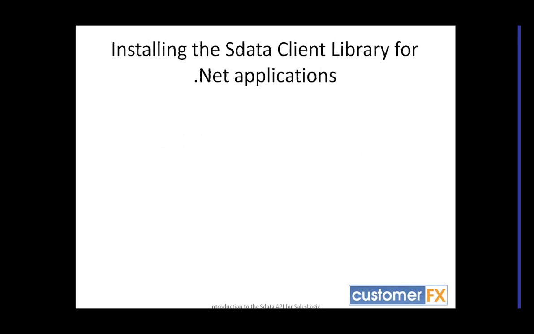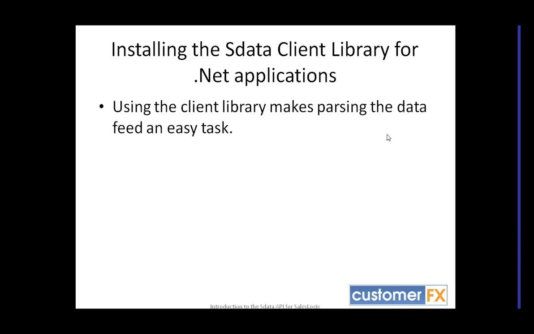Okay, so once you have a given entity set up, or if you're using one of the default entities that are already set up, in order to be able to use this externally within a .NET application, there are a couple of things we'll want to do. First of all, as I said before, you can certainly parse that data yourself, but it is much easier using the client library provided by Sage.